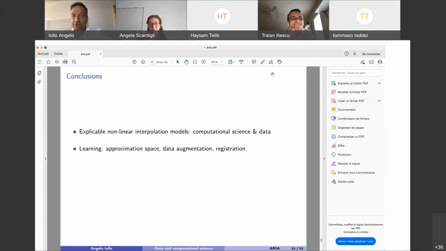Thanks a lot for this question, Trian. Quite some time ago, in the PhD of Damiano Lombardi, we were looking at optimal transportation for registration. But then we said, look, this optimal transportation thing is just amazing, because you can get this mapping.